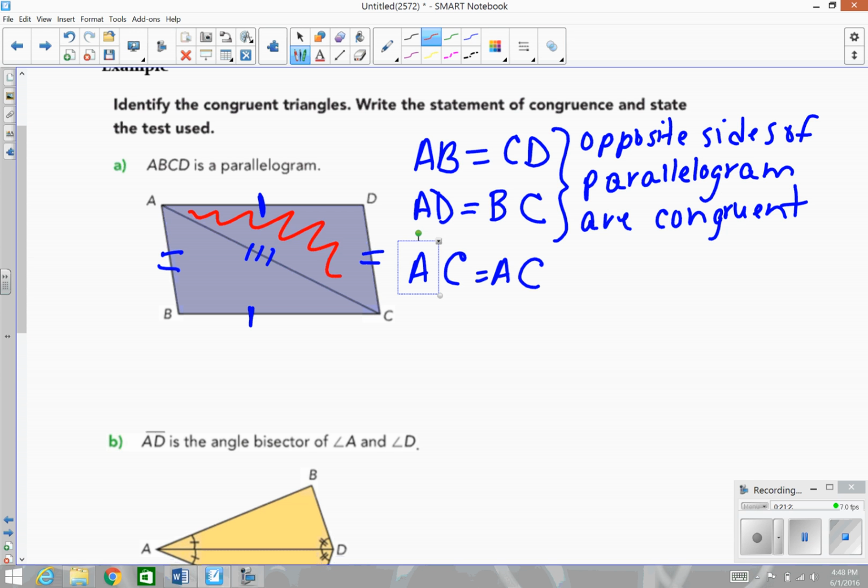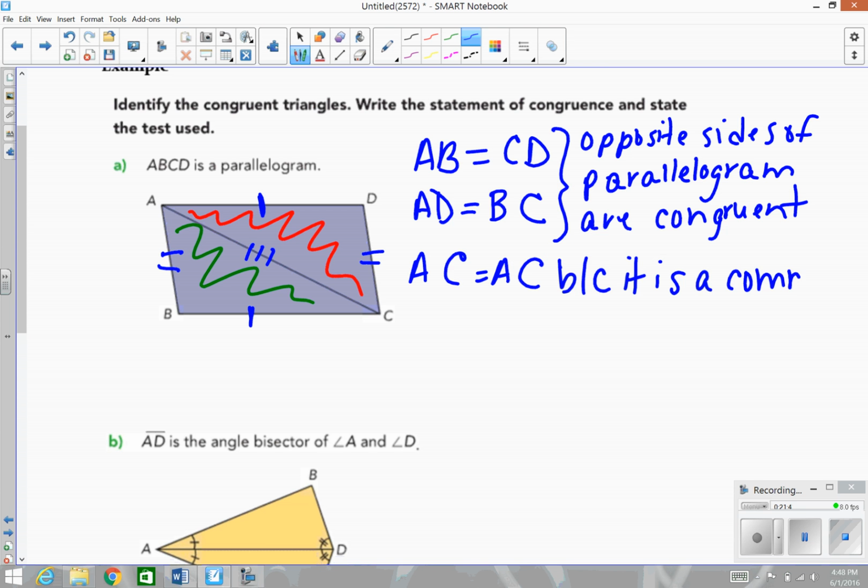AC belongs to this triangle, and it also belongs to this triangle. So we can say it equals itself because it is a common side of both triangles.